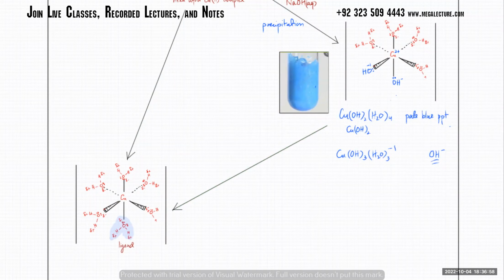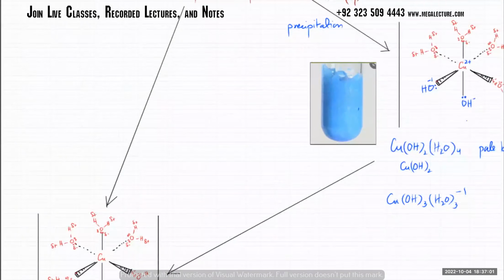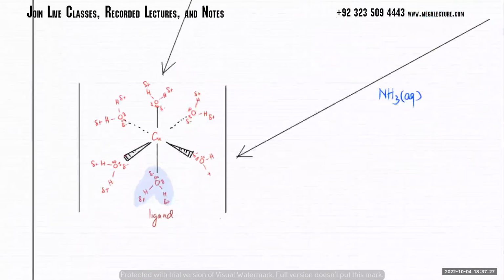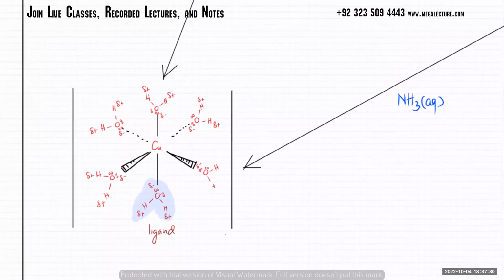I'm going to change the complex. Now you're adding NH3 aqueous. Now NH3 itself is a ligand. So what happens is that when you add NH3, all these water molecules get knocked out.